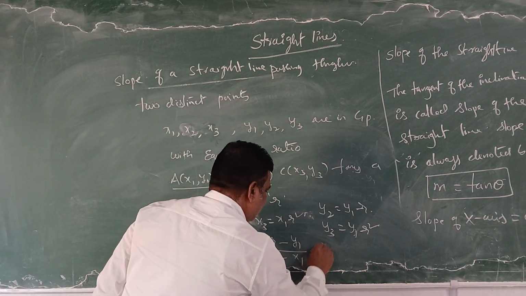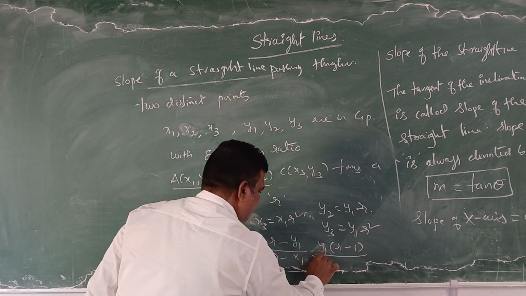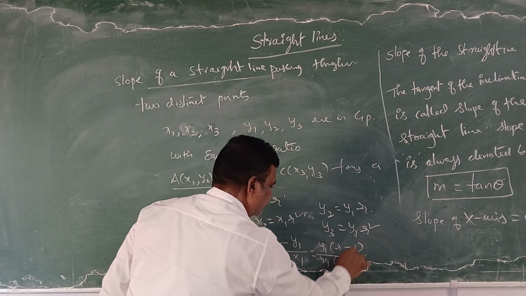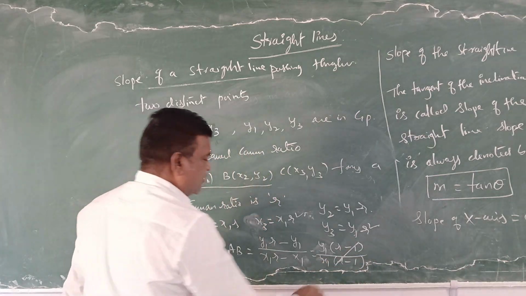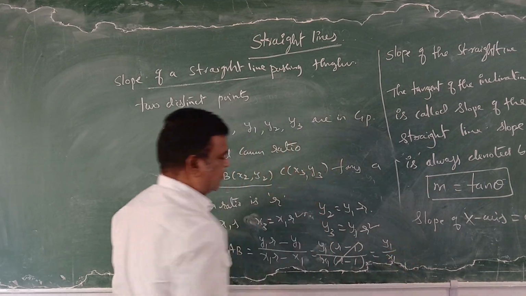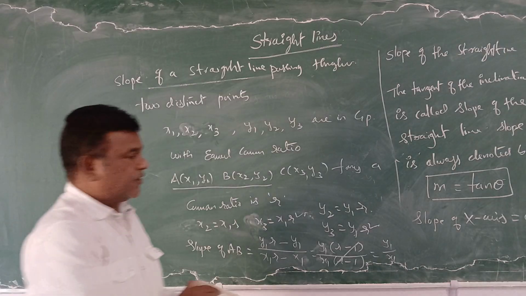So take y1 common, r minus 1, x1 common, r minus 1. So what is the slope here? y1 by x1. Slope of AB is y1 by x1.